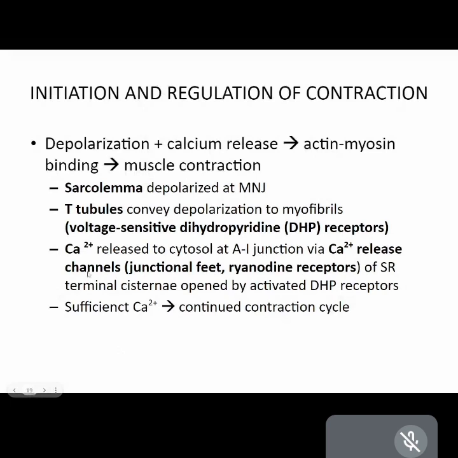And then the calcium is released to the cytosol at the A-I junction via calcium release channels at the junctional feet, ryanodine receptors of the sarcoplasmic reticulum terminal cisternae opened by activated dihydropyridine receptors. And then sufficient calcium is released, and then it will continue in the contraction cycle.